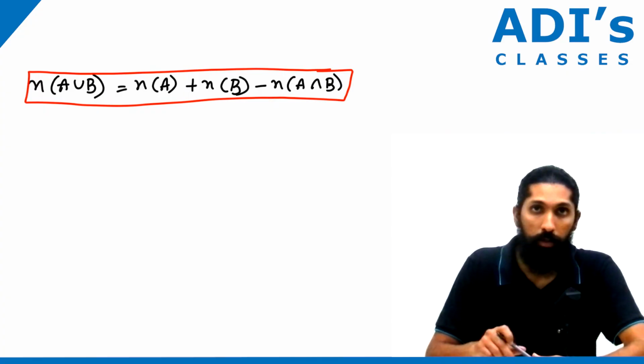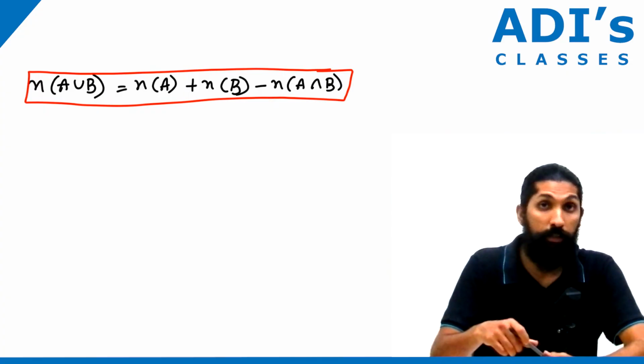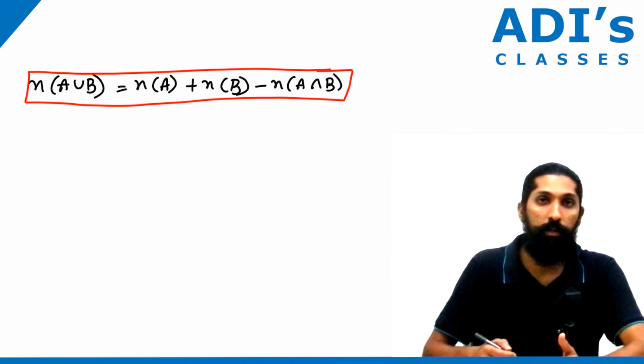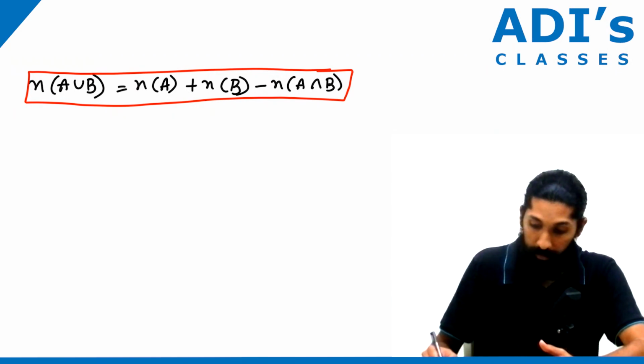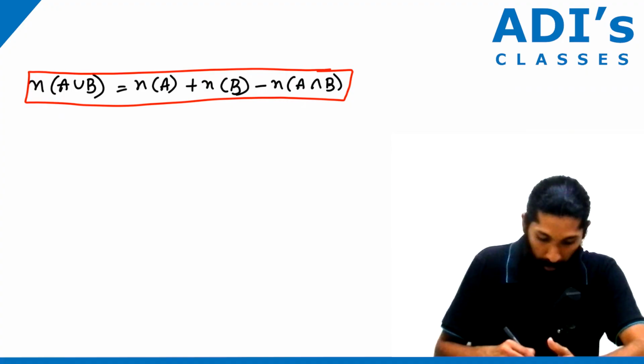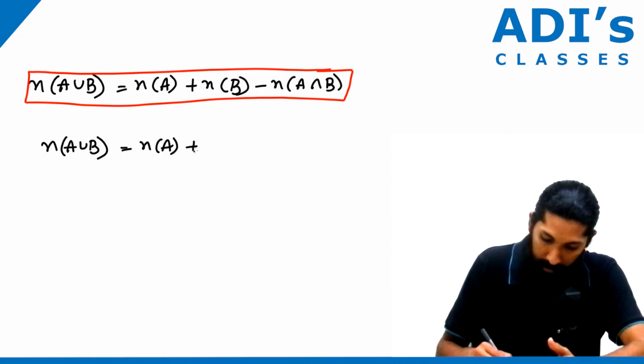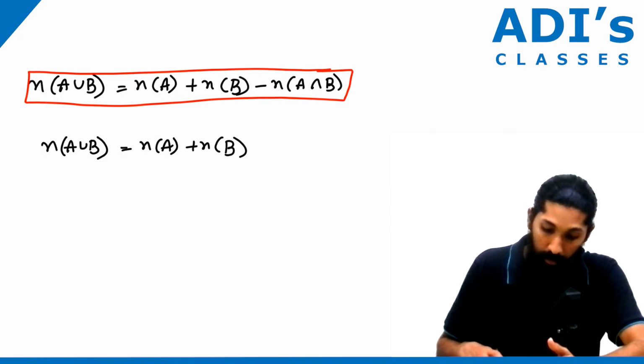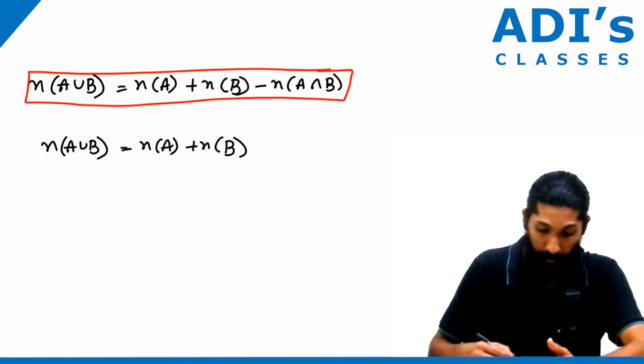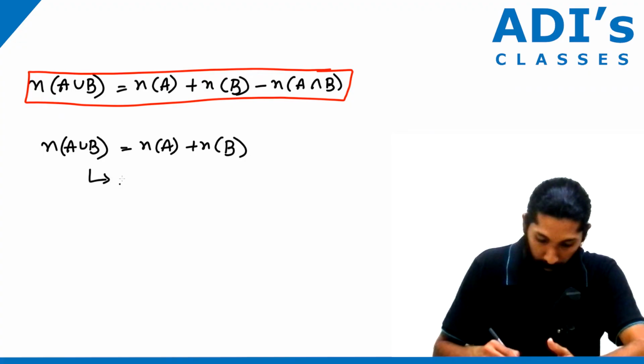If we are looking at disjoint sets, where the intersection part is 0, then n of A union B becomes n of A plus n of B. This is very specific to disjoint sets.